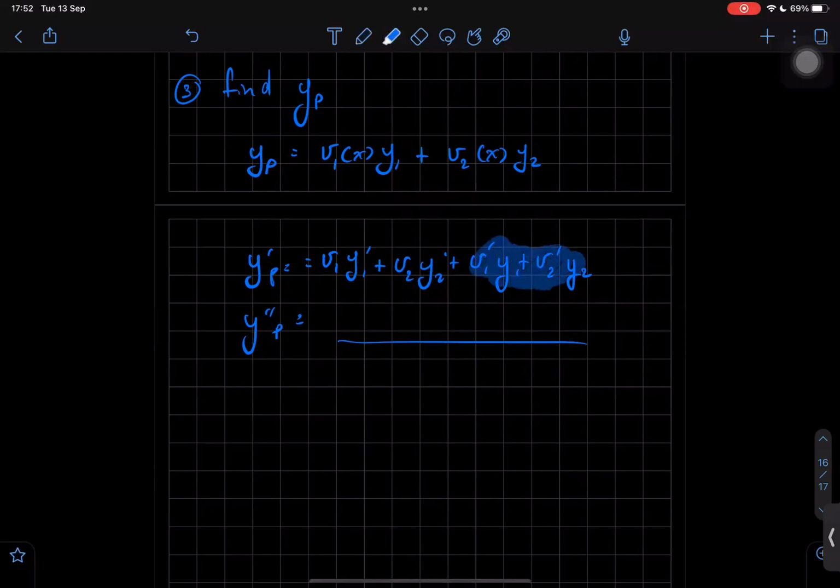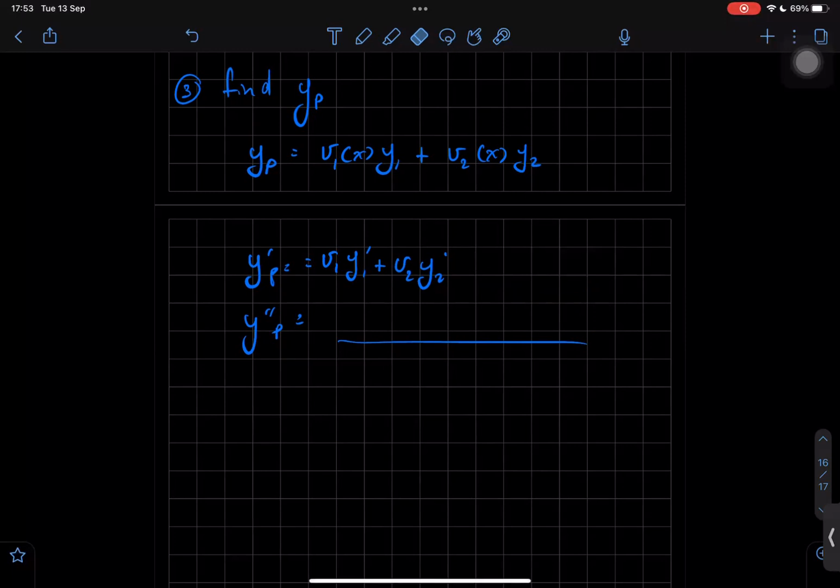Because when we do the derivative of this thing, what's going to happen is that you're going to have the second derivative here. So we will let this thing equal to 0, and you can just delete it.